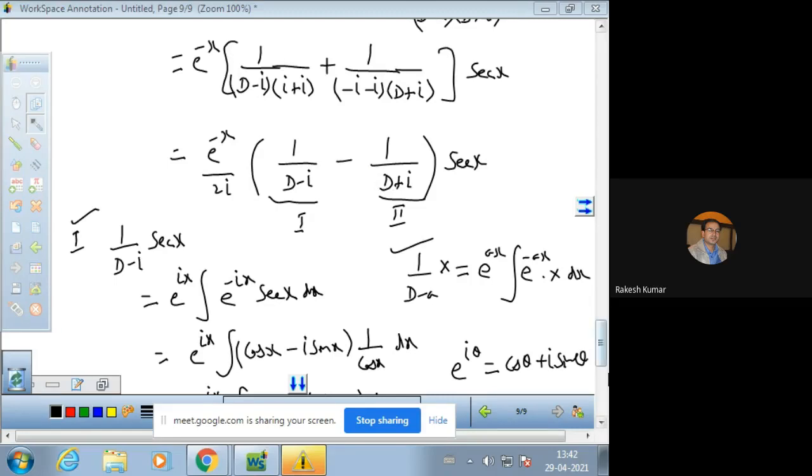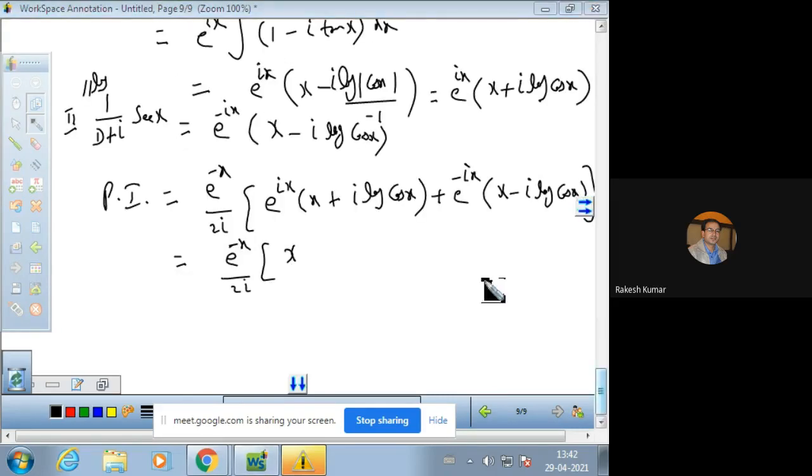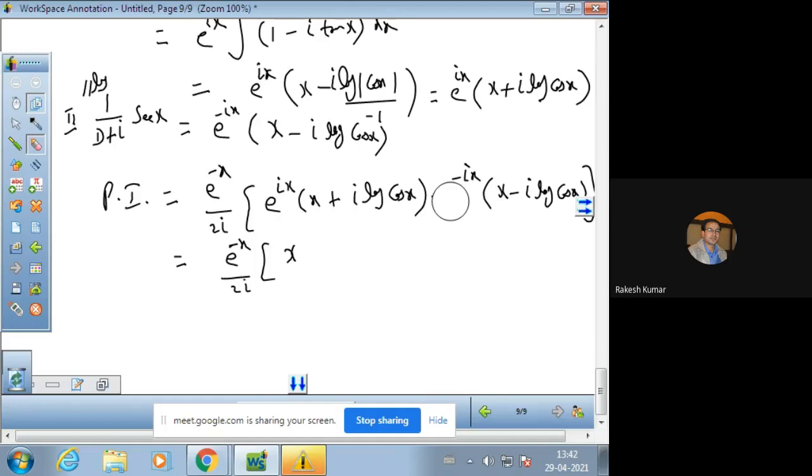So if we have a negative sign here, you will have to use a negative term in place of the plus sign. So use a negative sign here.